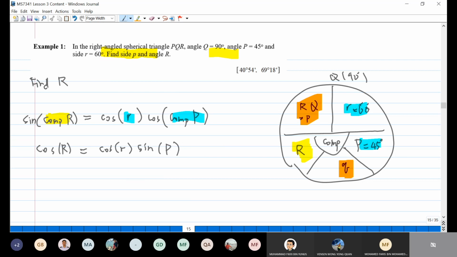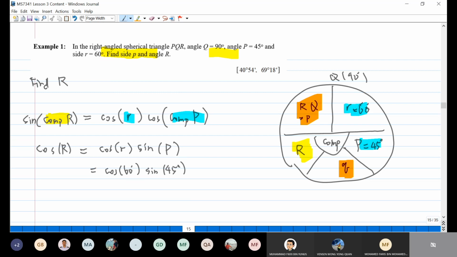Now, this is cosine of 60 times sine of 45 degrees. So you can check what this is now.